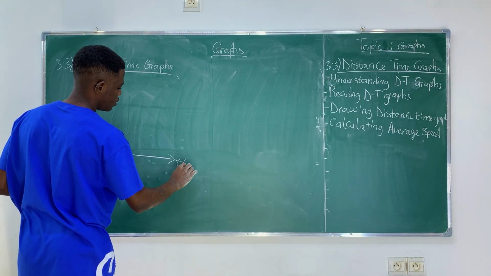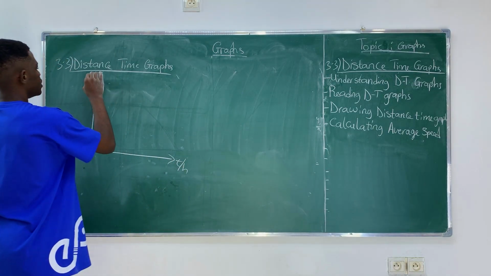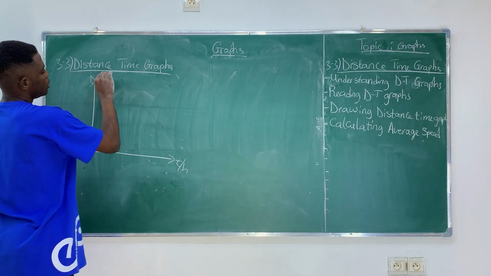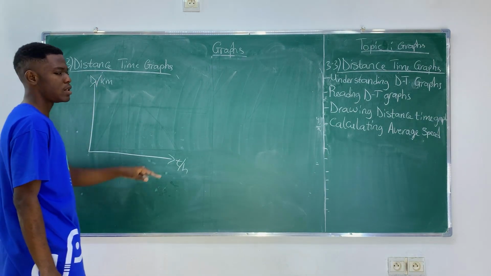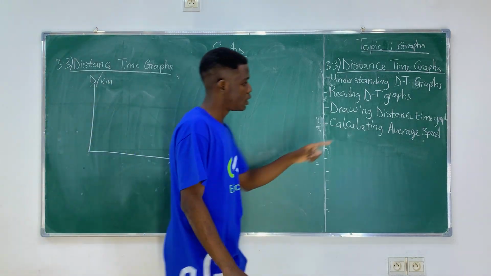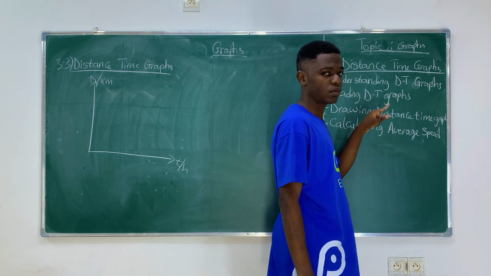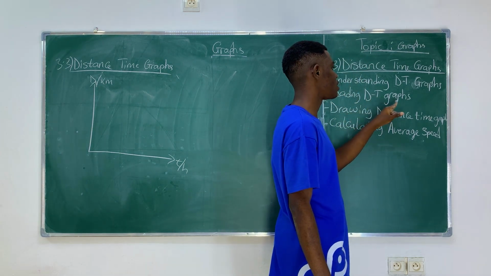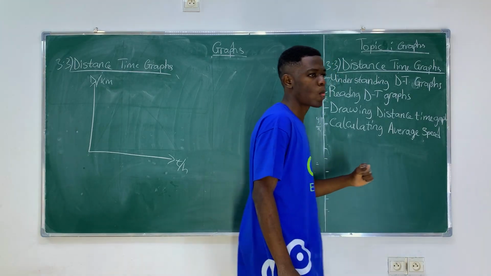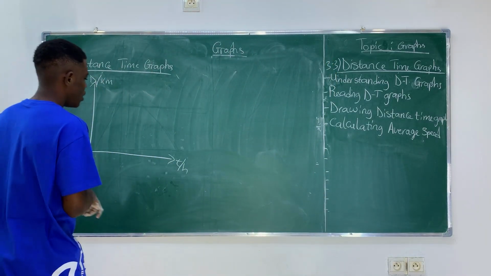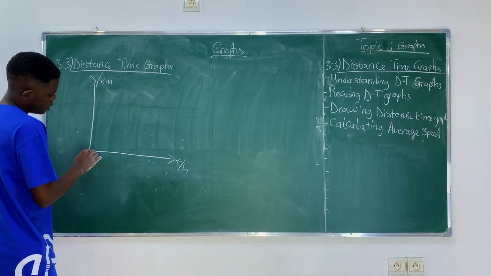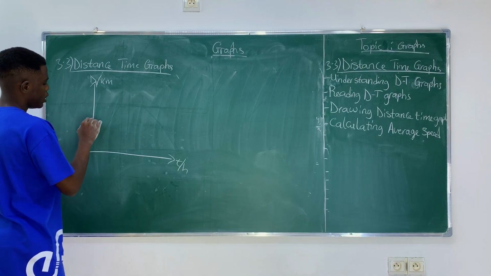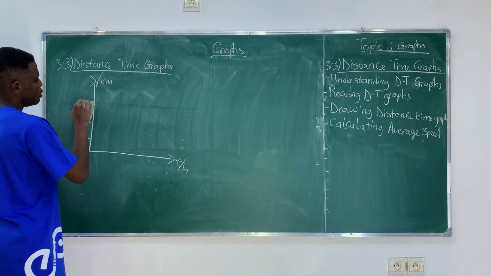This is time in hours. This is distance in kilometers. DT means distance time. If you're wondering what it means, DT graphs means distance time graphs.